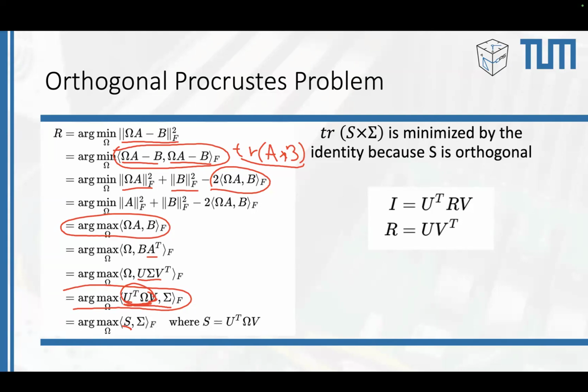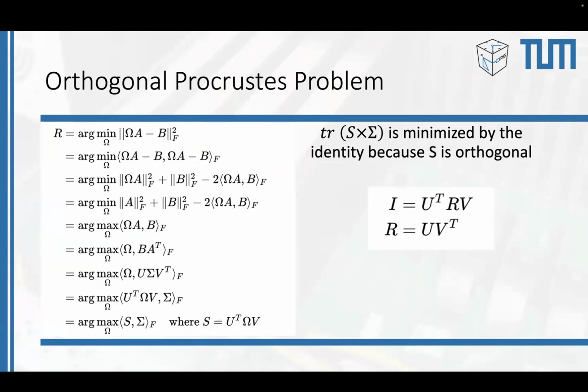Now, what is the maximum with an orthogonal matrix and a diagonal matrix? It's always the identity. Because if you think about it, the orthogonal matrix can only have one as maximum on the diagonal when it's the identity. Otherwise, it's going to be a cosine or a sine of some angle, right? When you rotate it outside of the identity.